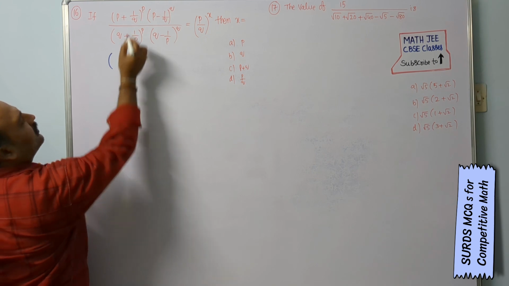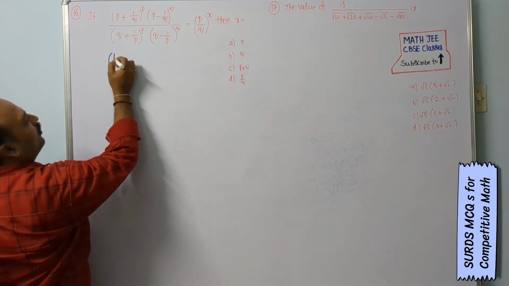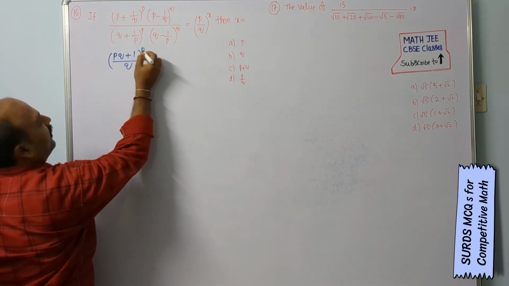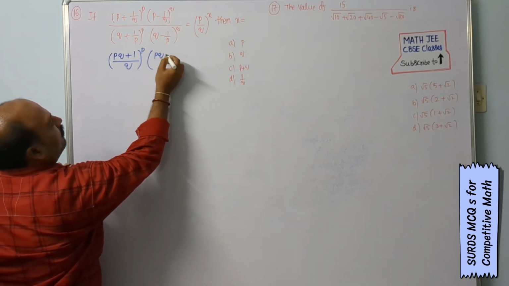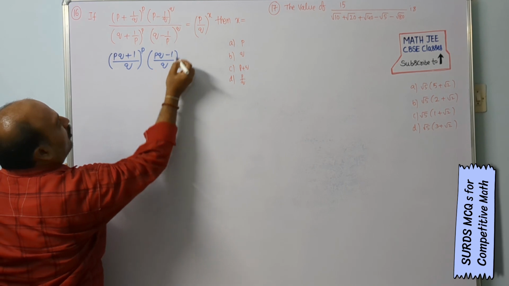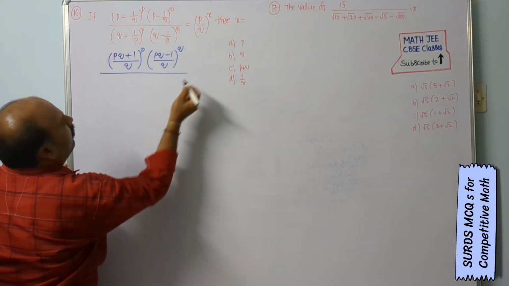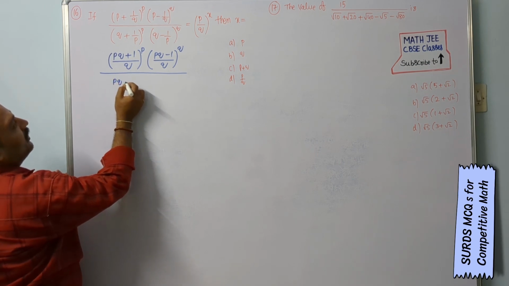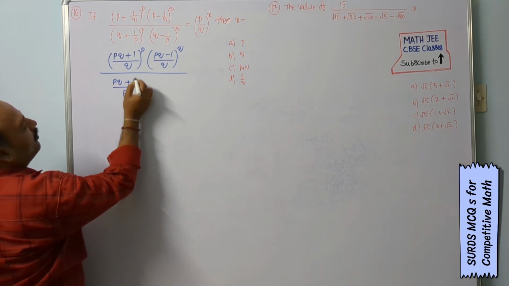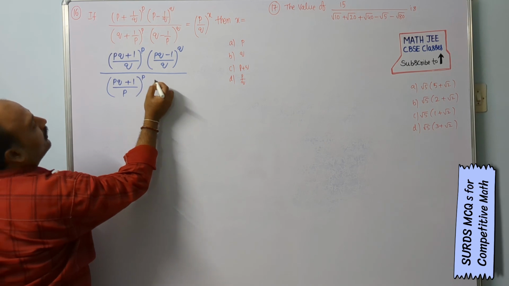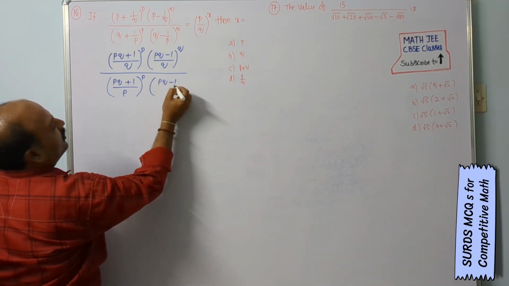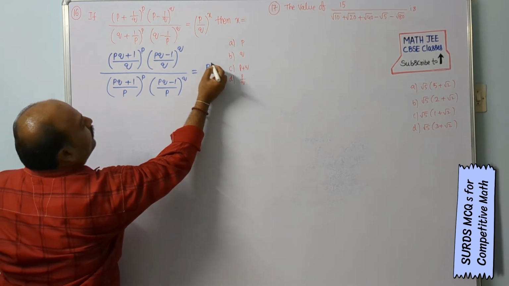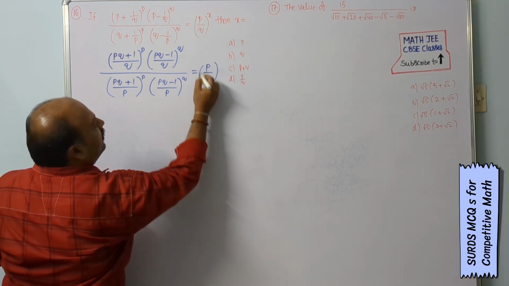In the numerator, q is the LCM: (pq plus 1 divided by q) whole power p, (pq minus 1 divided by q) whole power q, whole divided by, the denominator also take LCM and simplify: (pq plus 1 divided by p) whole power p, (pq minus 1 by p) whole power q is equal to (p by q) whole power x.